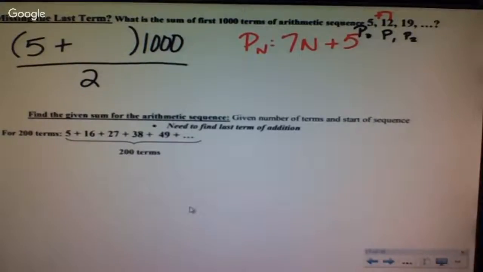No, 999. Remember, when I go from 0 to 999, that gives me 1,000 terms. Oh yeah. So I'm technically trying to find P sub 999. When I plug this in, you get 7 times 999 plus 5.